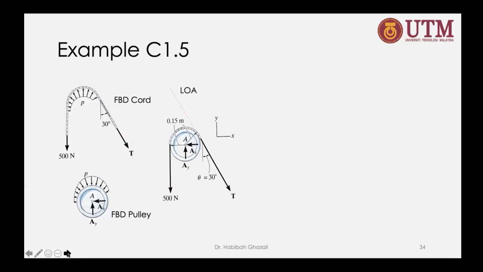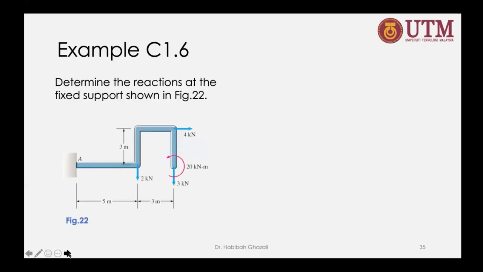I think you guys already know statics as well, so there won't be any problem with that. I have solved this as well. So determine the reaction at the fixed support shown in figure 22. So fixed support, again, what's going to happen when this load is being applied? At rest, this will be at rest as well. It's not going to react, right?